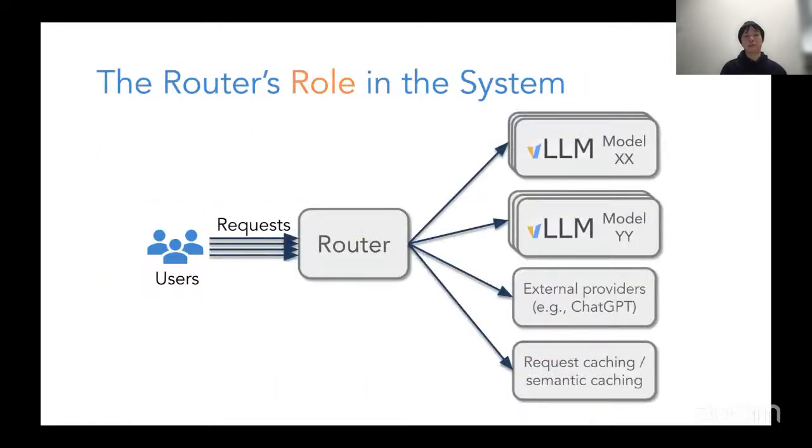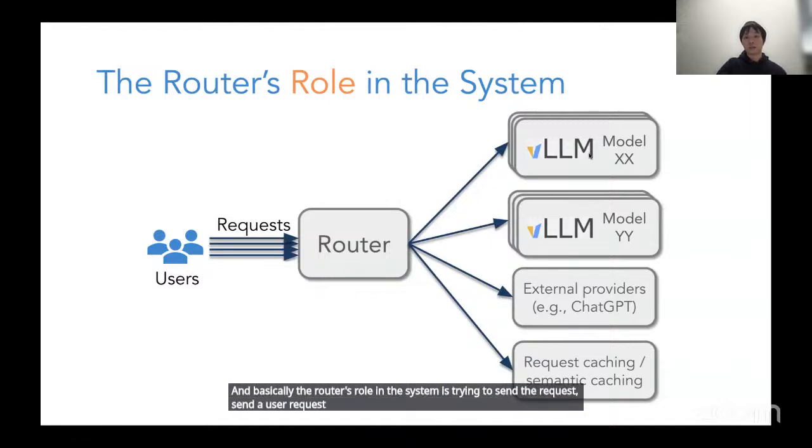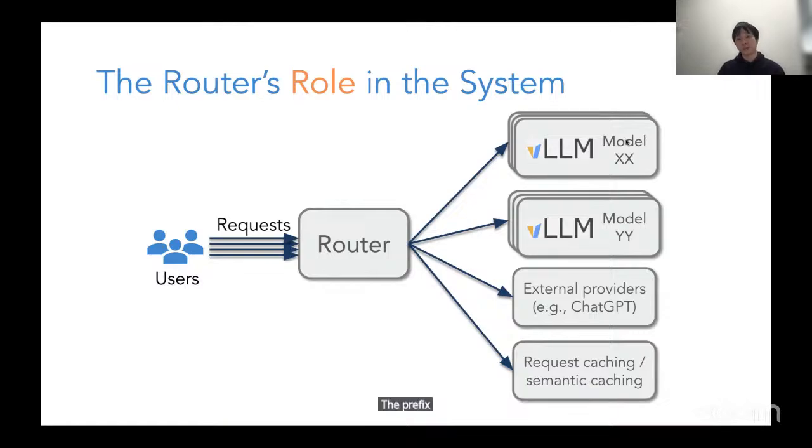Basically, the router's role in the system is to send the user request to the different vLLM deployments running different models, and it will also select a single instance or a single pod within the vLLM deployment based on maybe the prefix-aware logic or the load.